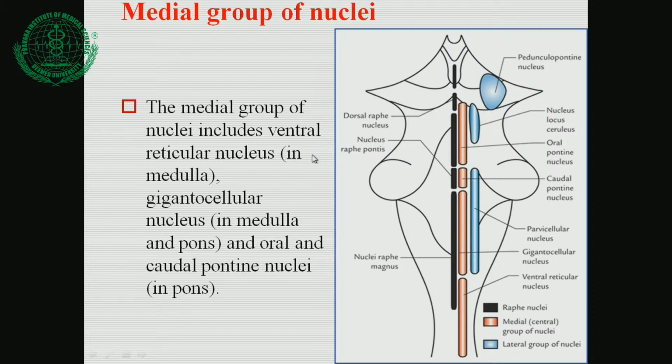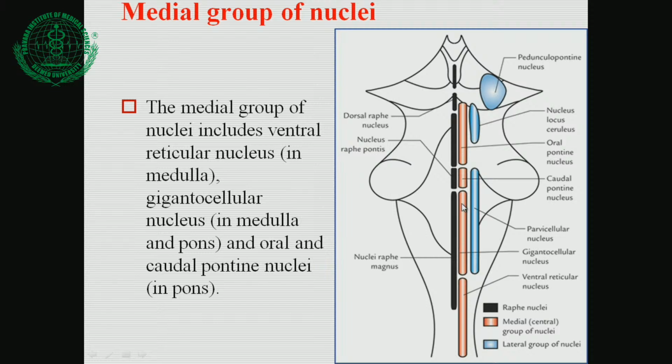Medial group of nuclei. It consists of the ventral reticular nucleus in the medulla, the gigantocellular nucleus in the medulla and pons, and the oral and caudal pontine nuclei in the pons. So these are the medial group of nuclei known as the magnocellular column.